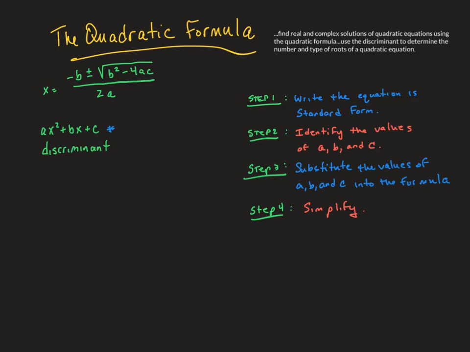We identify those values because those are the values that we're going to substitute back into the formula. Once you substitute it back into the formula, you're simply going to simplify. It can take a while, but it is genuinely a straightforward process.